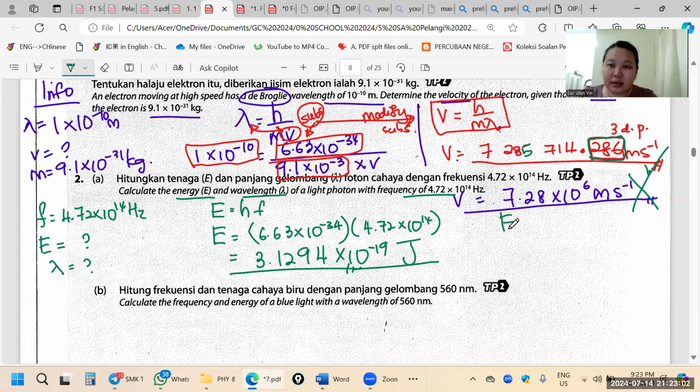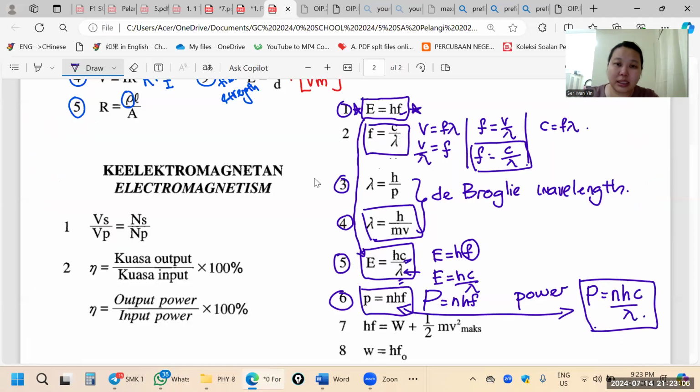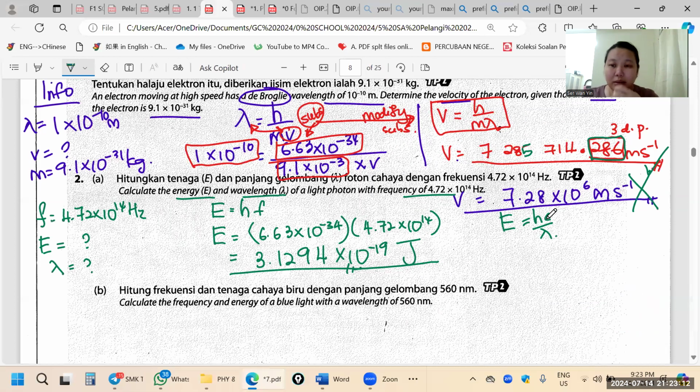So we can get E equals hc over lambda. See, number 1 and number 5. hc over lambda. Okay, substitute first, or you can directly modify. When I was young, I like substitute first, but now I like modify first.